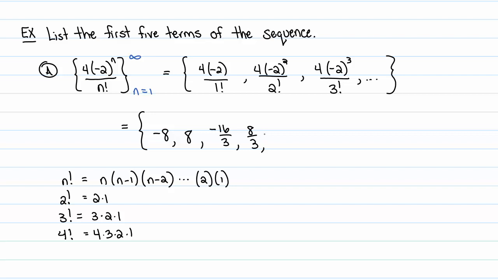And then the fifth element of that sequence will have a 5 factorial downstairs. You know how that's written. That's actually going to be just 120. I need to write that to mentally hold that in my brain. But then the numerator is going to be 4 times negative 2, again, this time to the 5th.